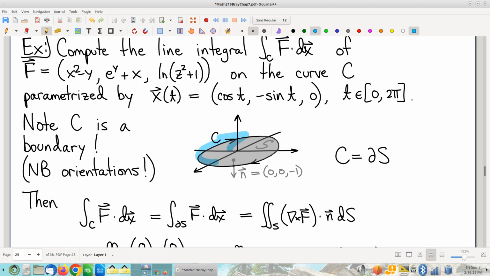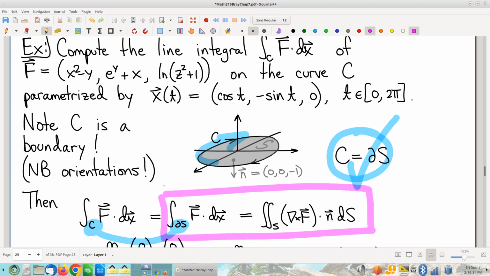Our curve, being as it is a boundary, the integral that I'm interested in is now literally a boundary circulation. Boundary circulations are fluxes of the curl through the corresponding surface. And now it's details, and I'll do those details in a second. Is everybody okay with how I got to this flux integral?